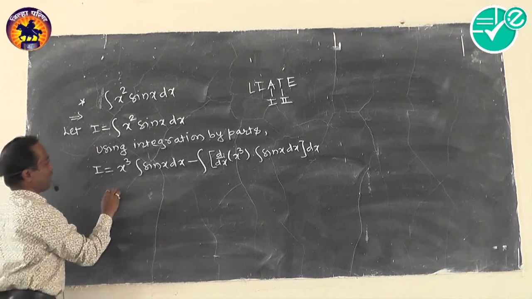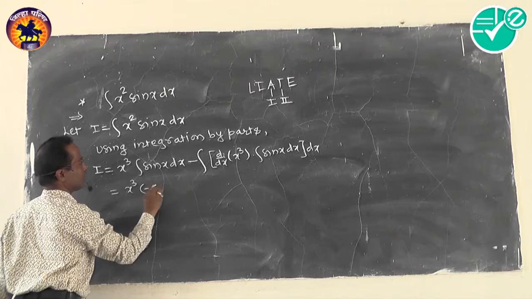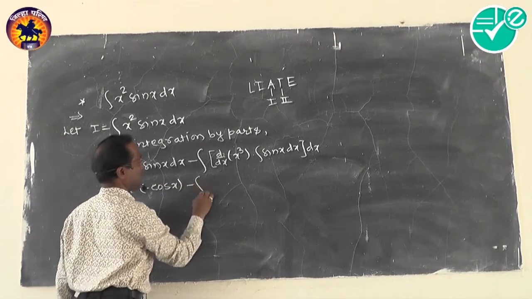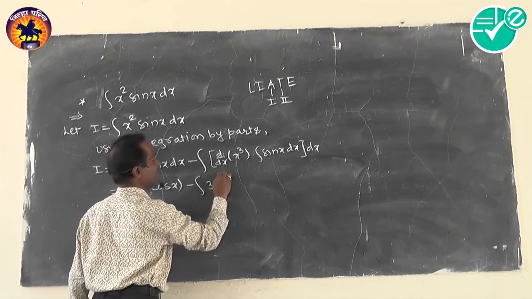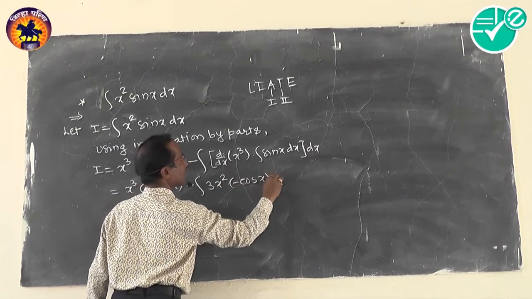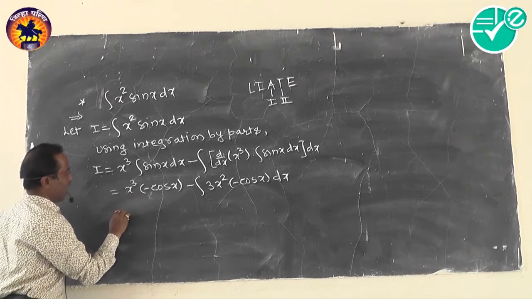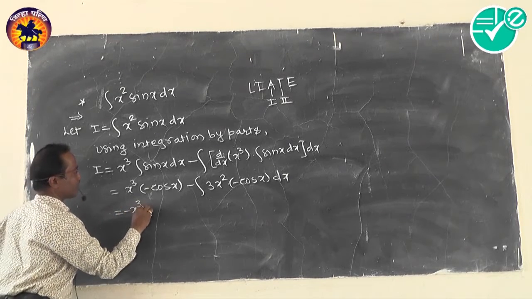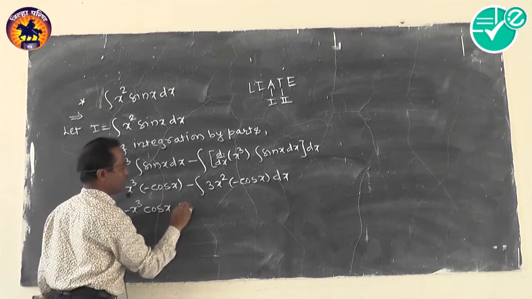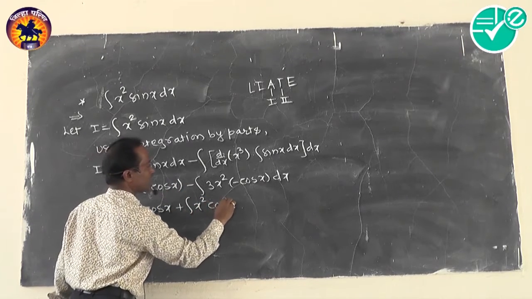Now we get x square into integral of sin x, which is minus cos x, minus integral of 2x into minus cos x dx. That is, minus x square into cos x, minus minus becomes plus, integral of x cos x dx.